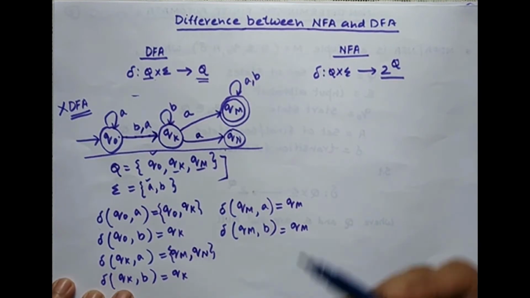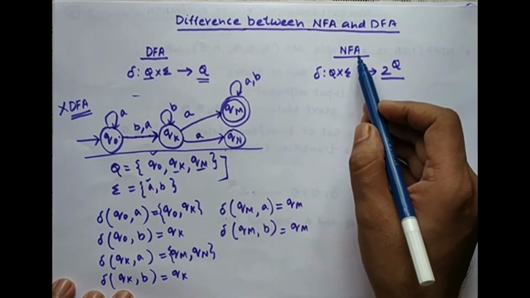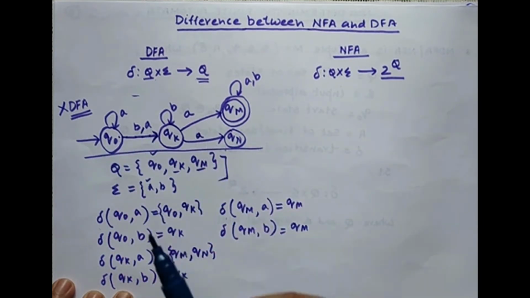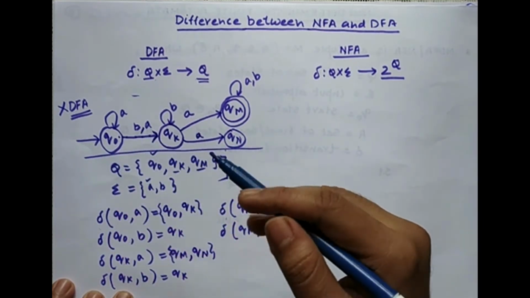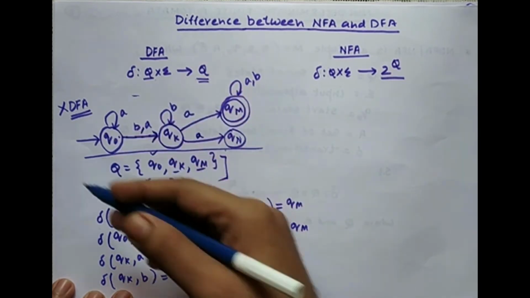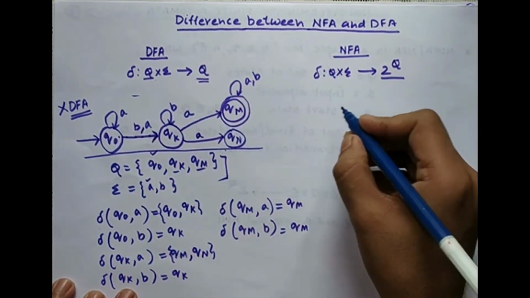So in general, what is NFA? In NFA, from any state on reading one particular input, it can go to any number of states. Now, maximum how many states can it go to? An automaton is nothing but a graph.